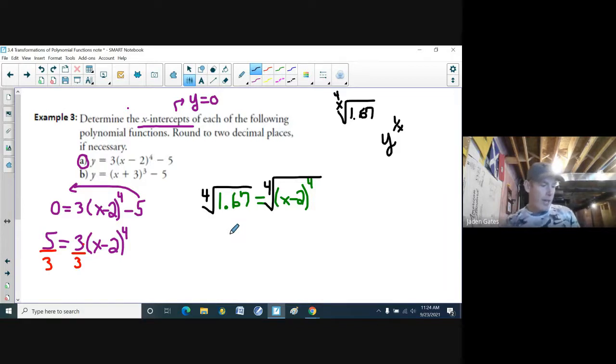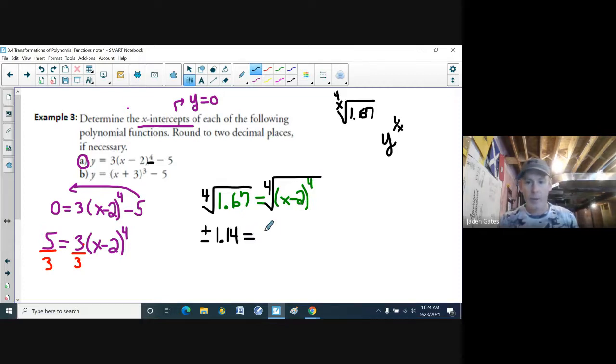Now, here's the thing. When we have an even degree polynomial, you actually get 2 answers. The 4th root of 1.67 is plus or minus, and I take it in my calculator, I get plus or minus 1.14, equals x minus 2.